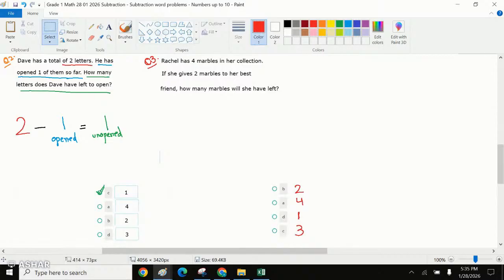If she has a total of 4 marbles, we need to look at 4 marbles. That was the total number of marbles she had. We can always write what they represent, total. She gives away 2 marbles. Gives away, right?